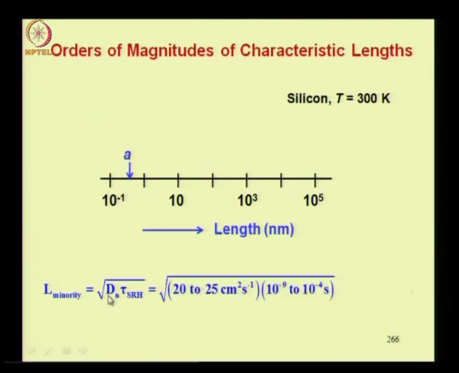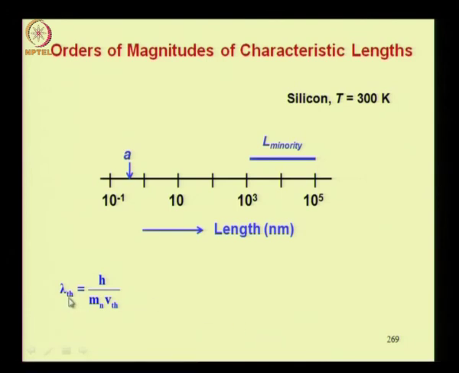Now the diffusion coefficient ranges from 20 to 25 centimeters square per second, considering the various devices in which diffusion occurs, and the lifetime ranges between 10 power minus 9 to 10 power minus 4 seconds. So putting these quantities and finding out the minimum and maximum, you get a range of 1.4 to 500 microns for the diffusion length. That is a very wide range as shown here.